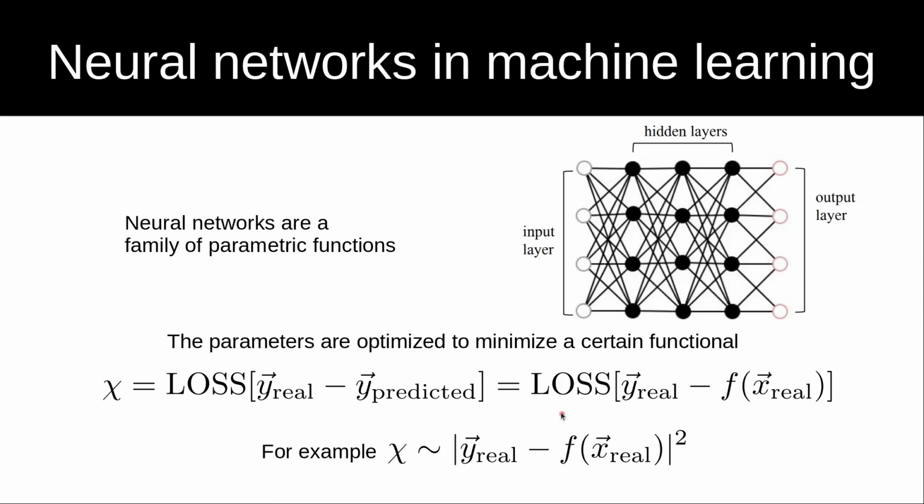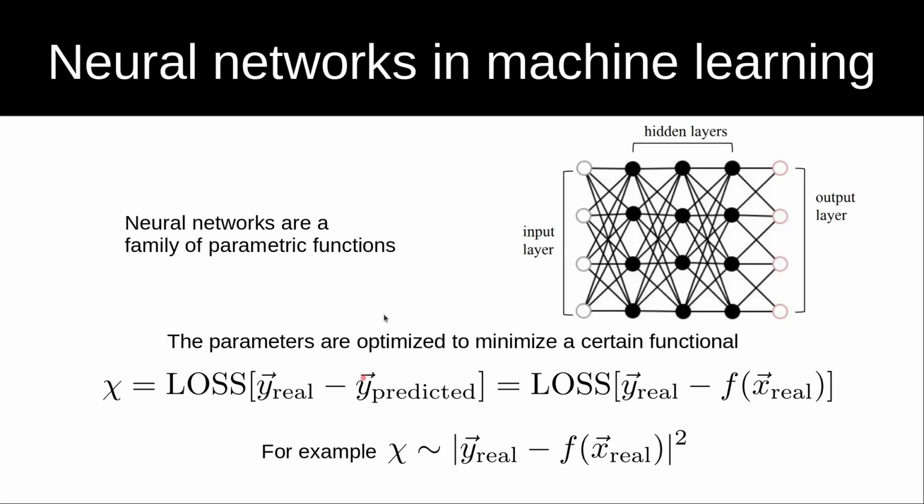So the idea is that this generic function has a set of parameters, and one optimizes these parameters for a very specific purpose. The way these parameters are optimized is by defining something called a loss function, which is essentially the difference between the real output and the output that you have gotten when you put in a very specific input.